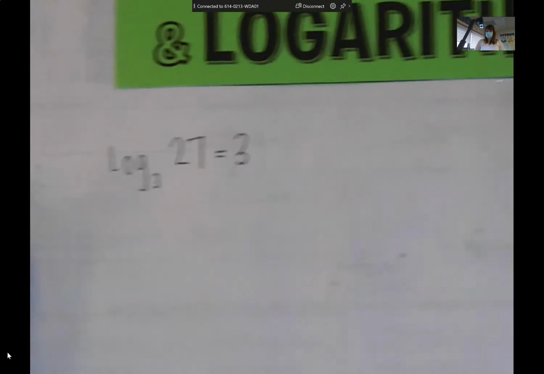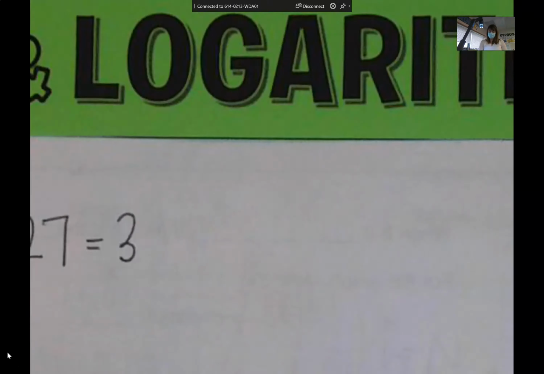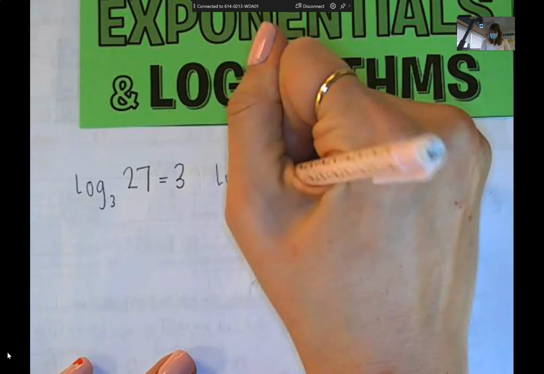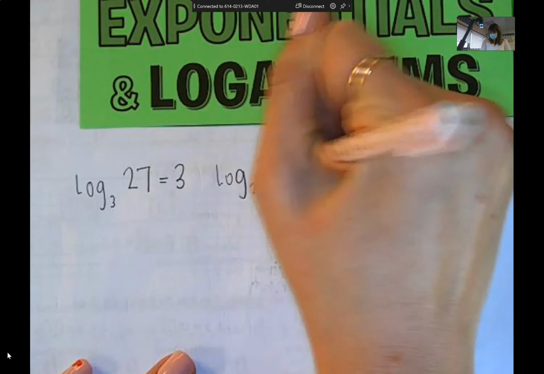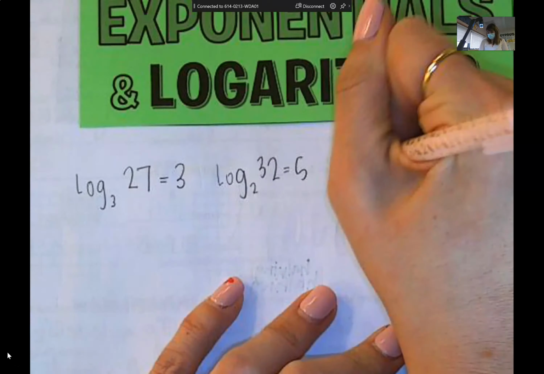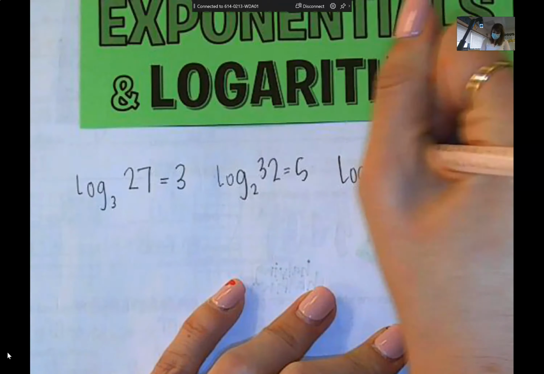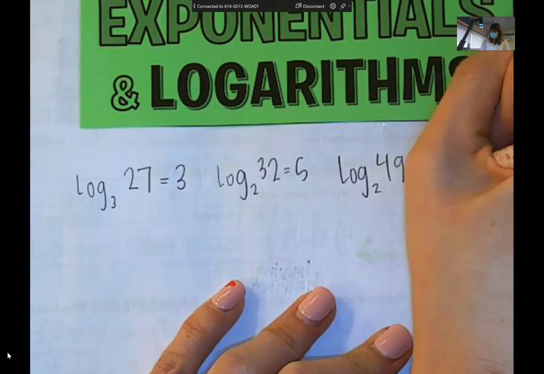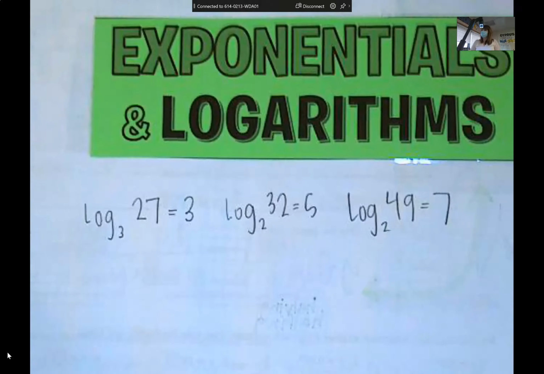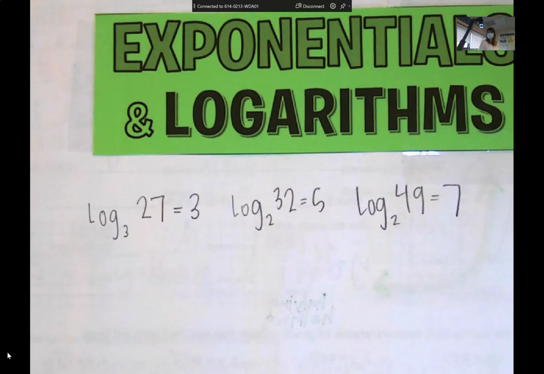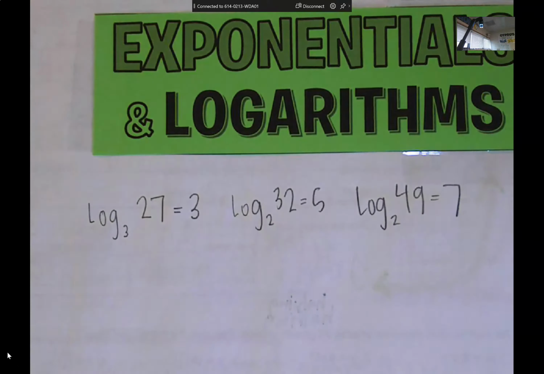In fact, let me give you 3 to rewrite, and then I'll walk through and see if you were able to do it. Okay, those are the 3. I want you to write those as exponents instead. Bring the base down and then crisscross.